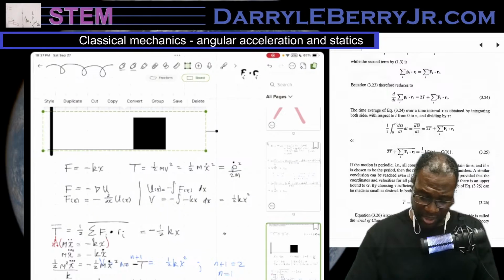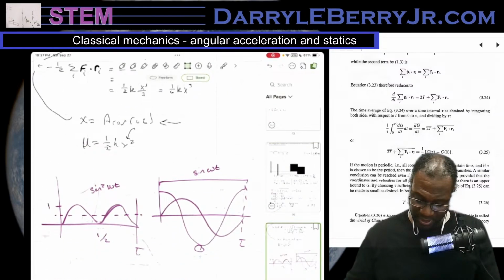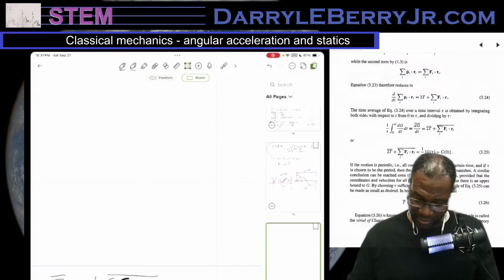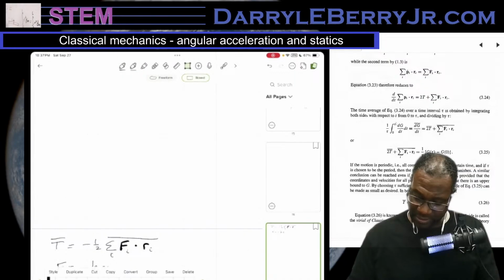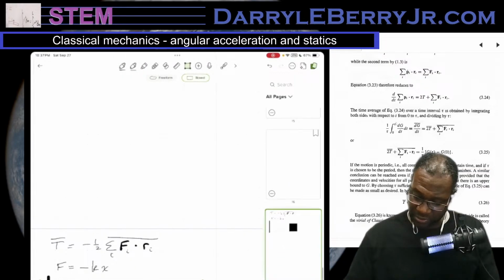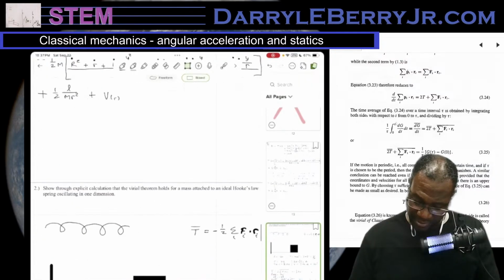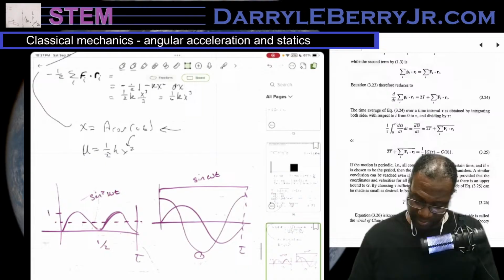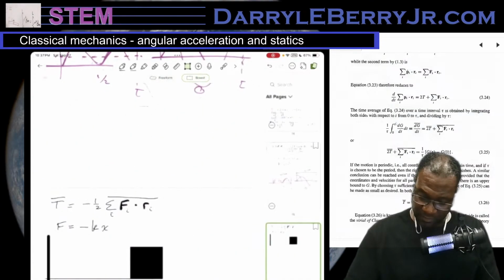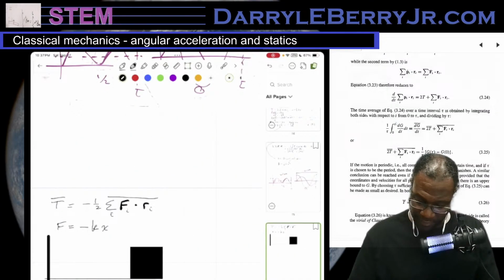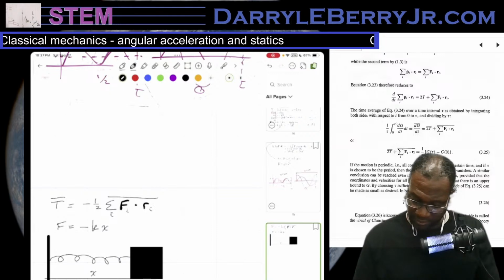So I'll try to start this problem fresh with the tips I got from my professor. So basically, showing that it holds for Hooke's law, a spring oscillating in one dimension. This would be our x. This would be the spring.